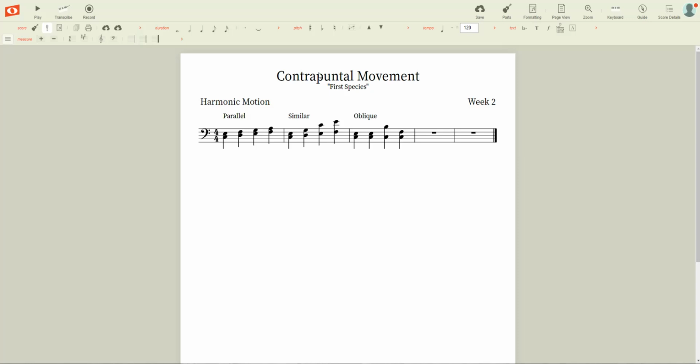And finally, the last type of motion is where the voices are moving in the opposite direction. They can move out like these guys are doing, or they can move inward too.